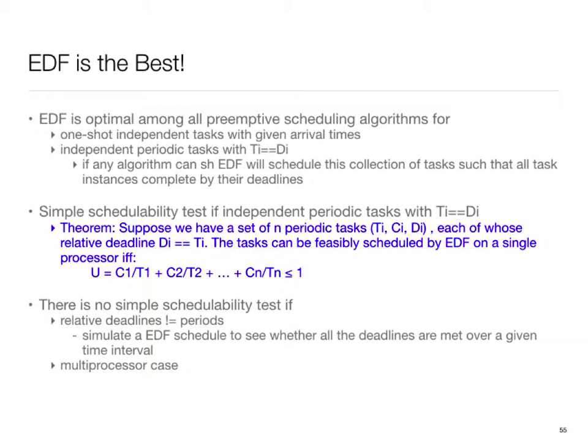Anyway, the equivalent there would be saying, if I keep utilization below 0.69 and use rate monotonic, I'm good to go, if the tasks are independent and all. But again, we saw there were a lot of other confounders in the picture anyway. One place where you do end up with one processor, one task is when you are making a custom chip.